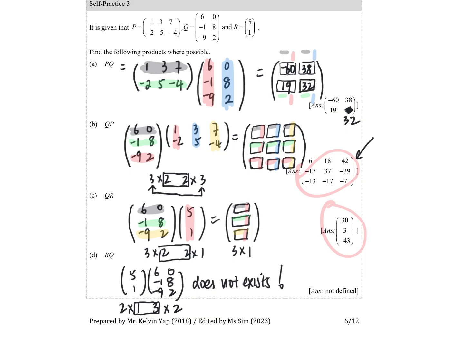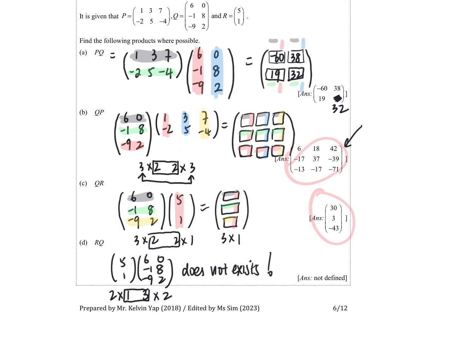Is it like this one times this one? No, row times, right, number 7. Row times vertical. For all? Yeah, all. 1, 2, 3. Okay, ready? You see, this one doesn't match.